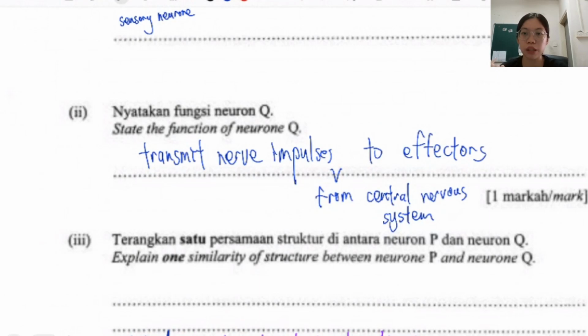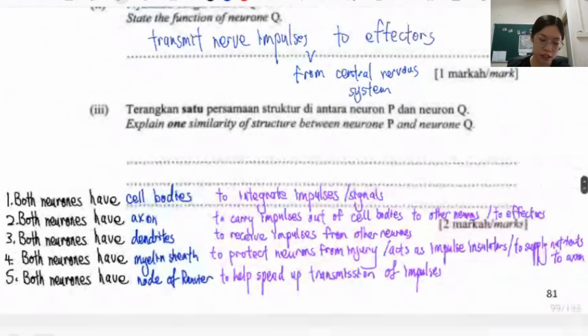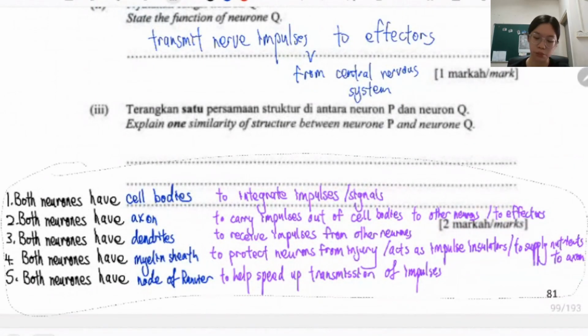The similarities between structure P and Q: they both have a cell body, axon, dendrite, myelin sheath, and node of Ranvier. You have to know their functions, because when you mention a similarity, you must also explain it. So here are the similarities and the explanations. It is a must to explain.